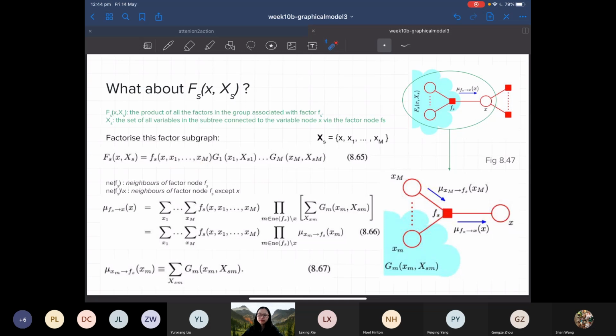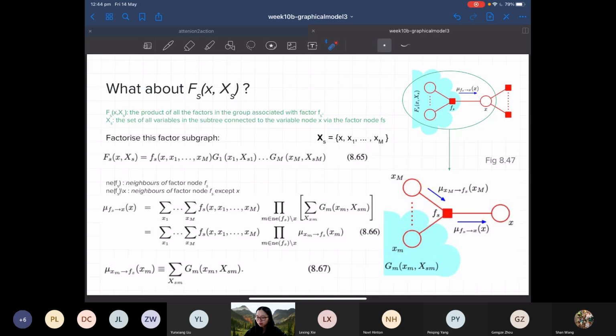Note that while the tree decomposition terminology is recursive, all the nodes connected to this factor node form a subtree, and all the other nodes that are connected to f of s through any particular one of these x1 through xm's are also a subtree. So what this expression does is take this big f of s and partition it into the factor term and the remaining factor terms that are connected through x small m.